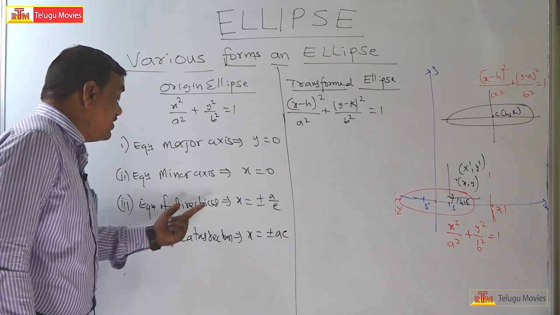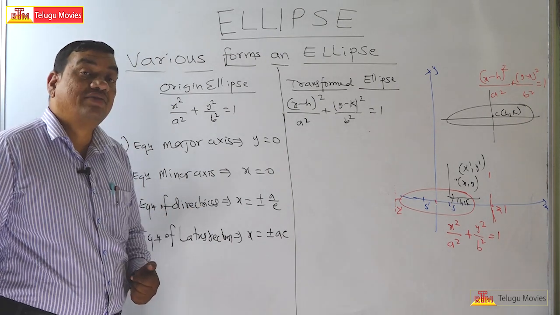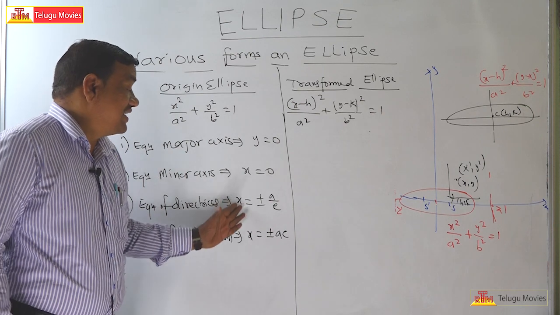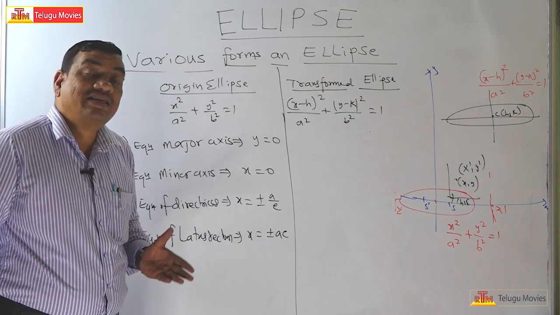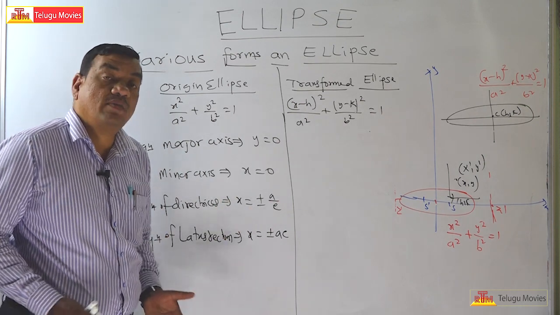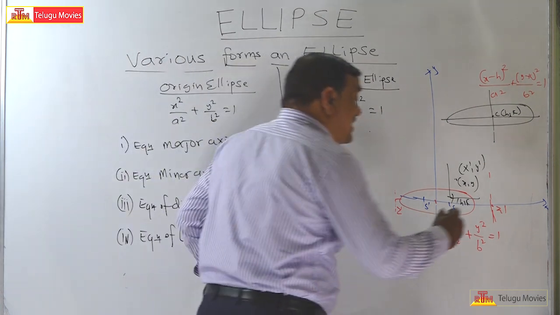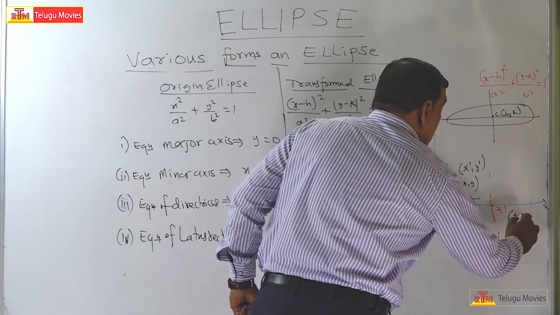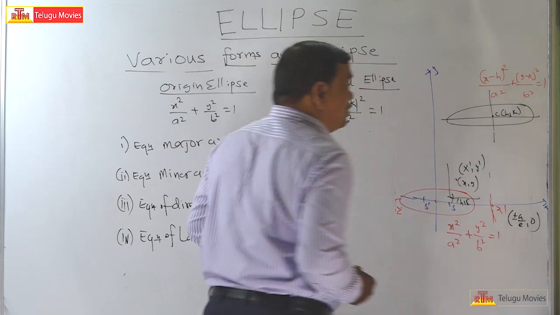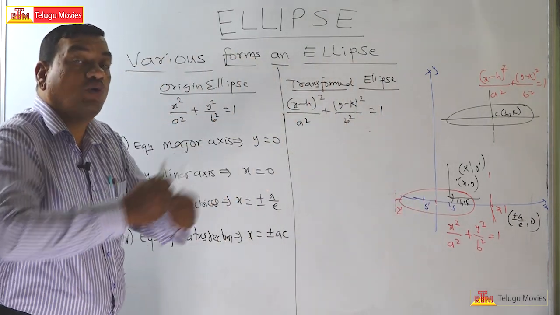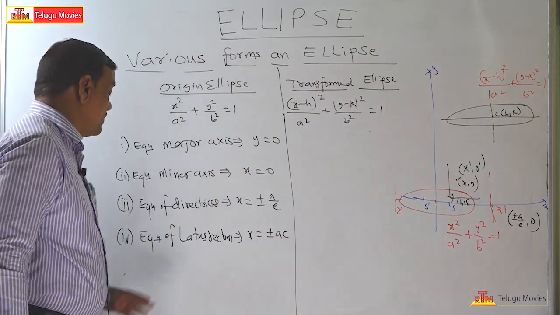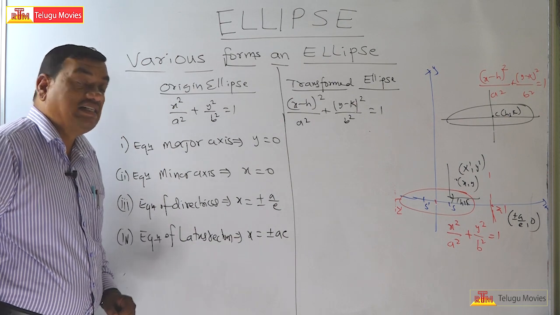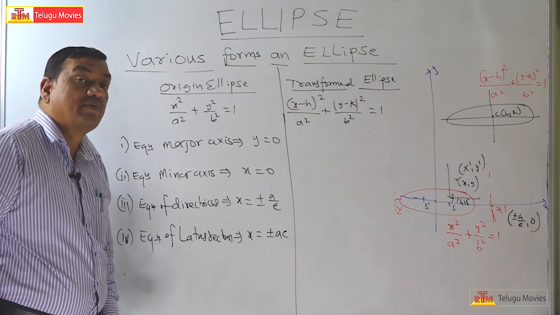What is the equation of the directrix? The equation of the directrix is nothing but x is equal to plus or minus a by e. I already told how to remember that. What are the coordinates of Z? Z coordinates are plus or minus a by e comma 0. That's why x is equal to plus or minus a by e. Now equation of the latus rectum, x is equal to plus or minus ae.